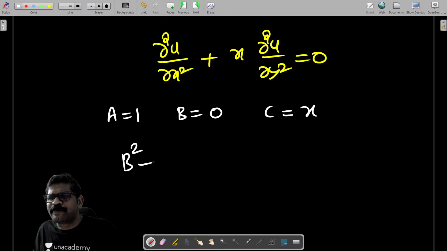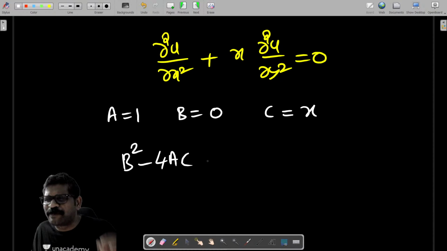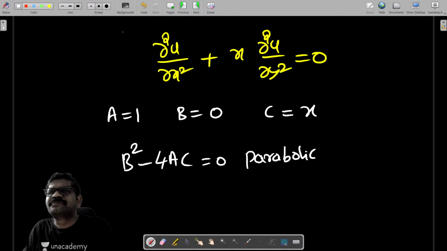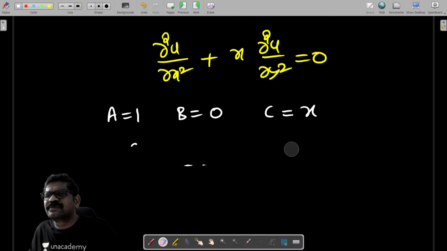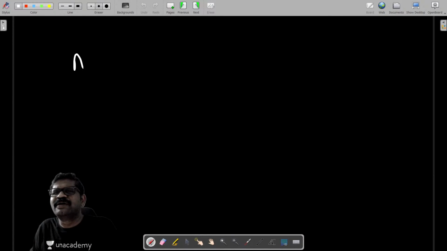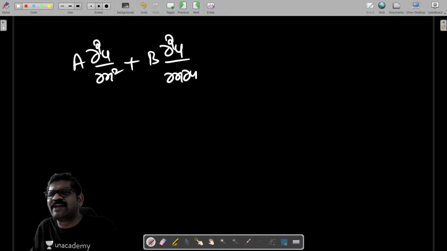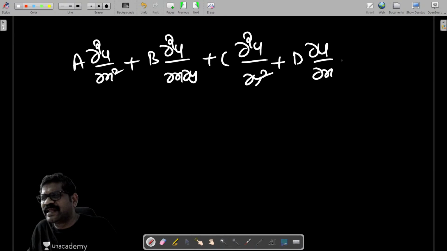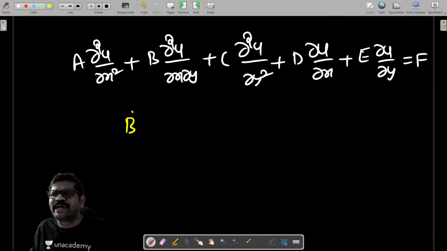Generally, when you compare with standard form, A into del square u by del x square plus B into del square u by del x del y plus C into del square u by del y square plus D into del u by del x plus E into del u by del y equal to F. If B square minus 4AC equal to 0, then parabolic type.